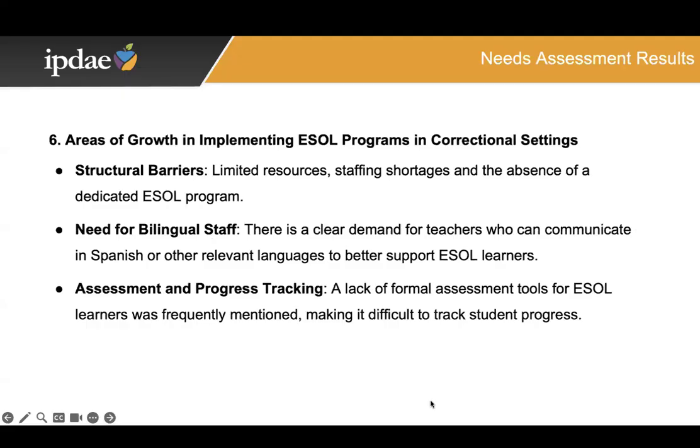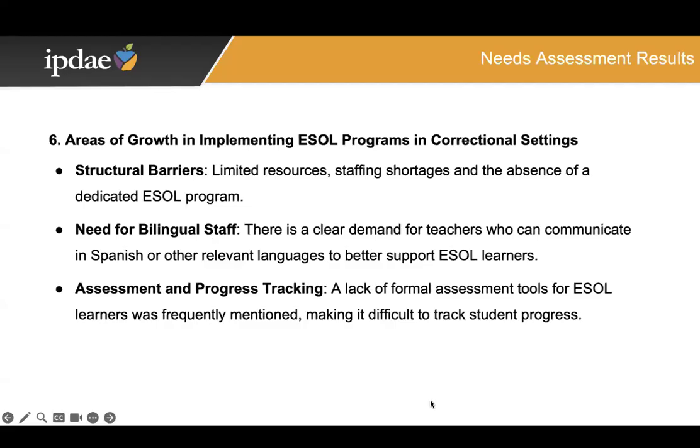Areas of growth in implementing ESOL programs in correctional settings. So structural barriers, limited resources, staffing shortages, and the absence of a dedicated ESOL program, need for bilingual staff, as well as assessment and progress tracking. So you can see that with some things we can address in this course, right?